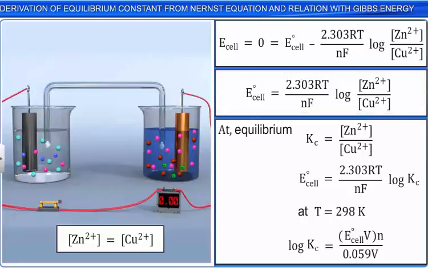However, at equilibrium, constant Kc is equal to concentration of zinc 2 ions over the concentration of copper 2 ions. Substituting the values of R and F and of T as 298 Kelvin, we get the equation for equilibrium constant Kc as shown here.